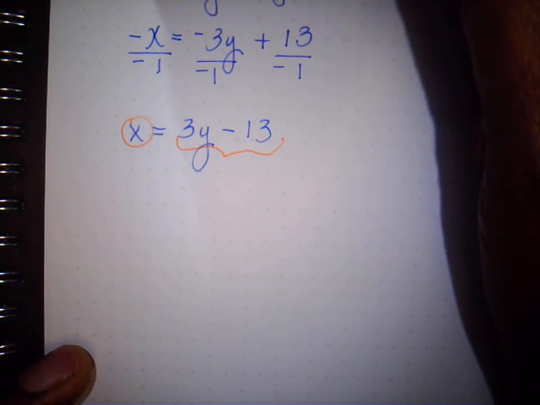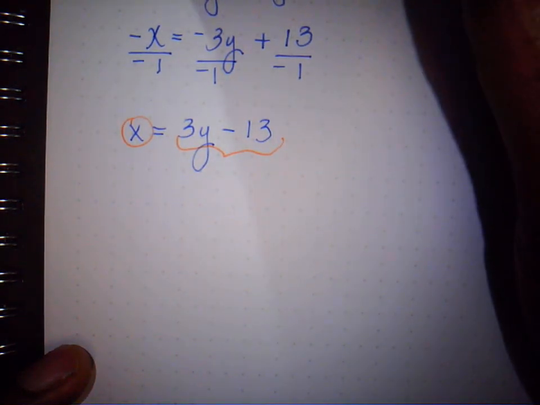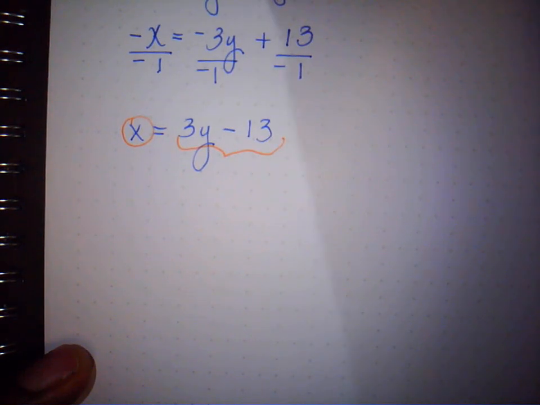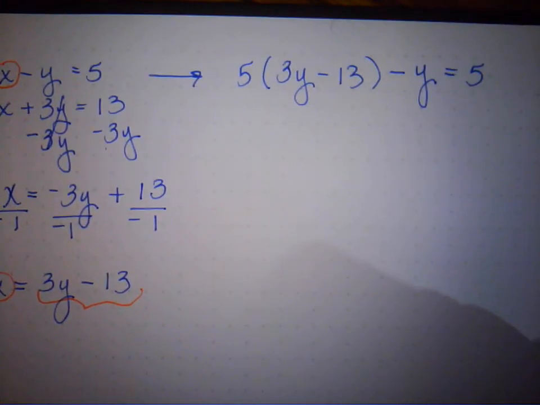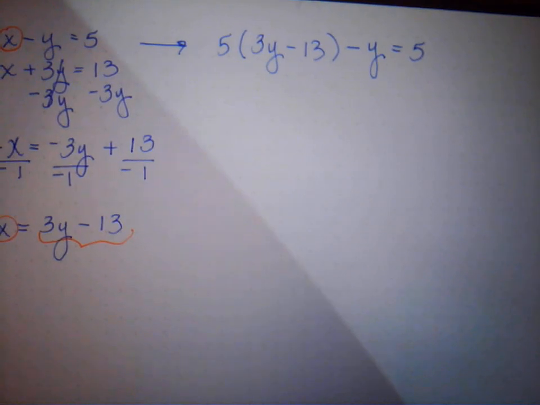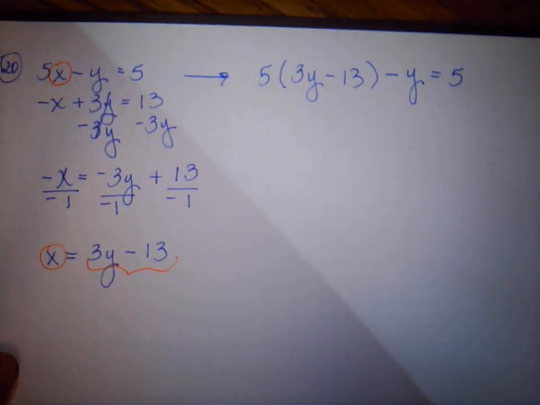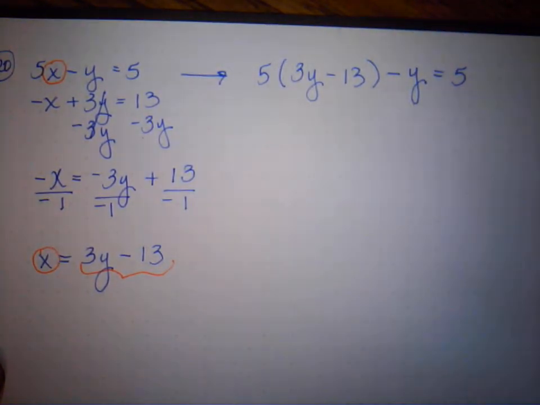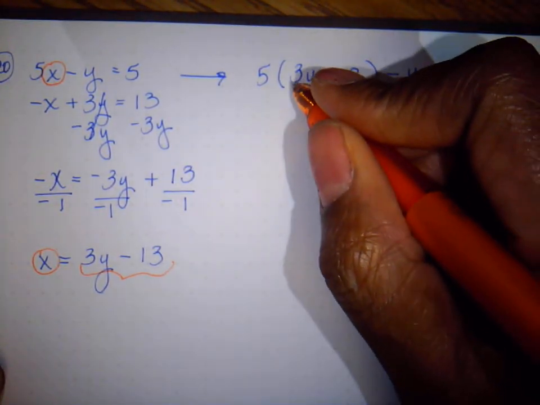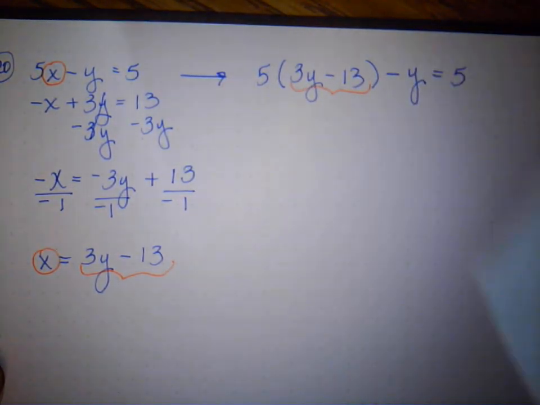So I'm writing 5 times 3y minus 13 minus y equals 5. Oh, y'all can't see anything I'm writing. Sorry. Everywhere I saw an x, I replaced it with 3y minus 13.